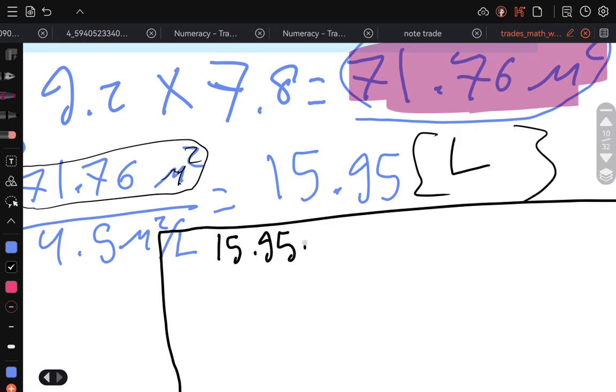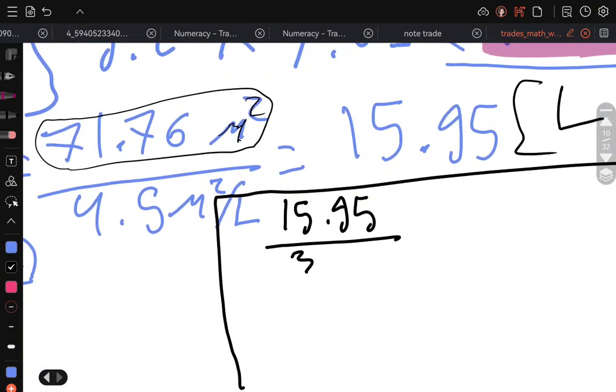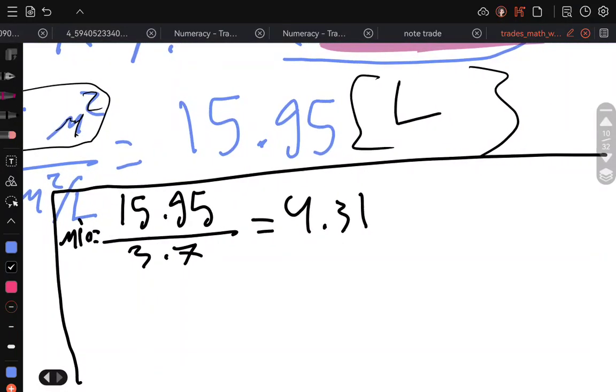No need to write that. Divided by 3.7 from here. This one is for the minimum one. Let's write here minimum one, and it's gonna be 4.31 containers.